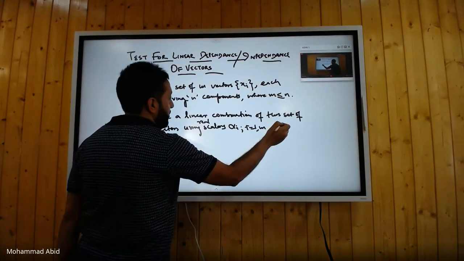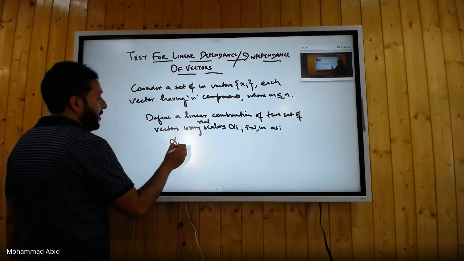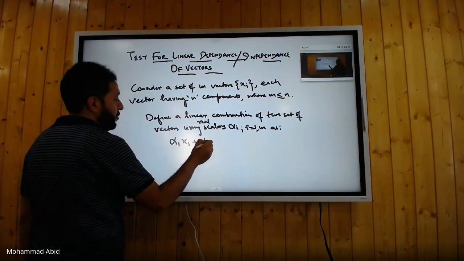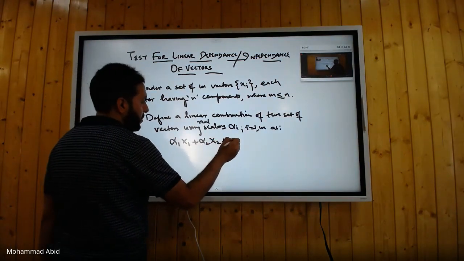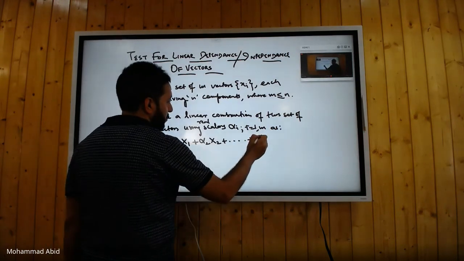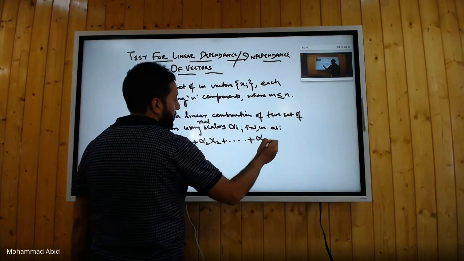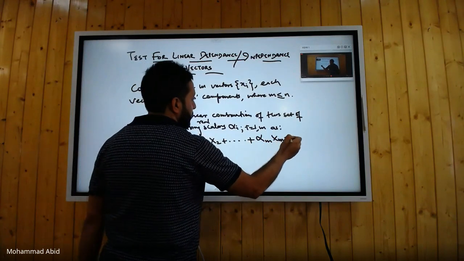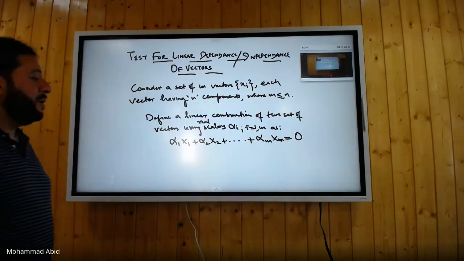I define the linear combination as alpha 1 x1 plus alpha 2 x2 plus so on, alpha m xm equal to 0. I define something like this.